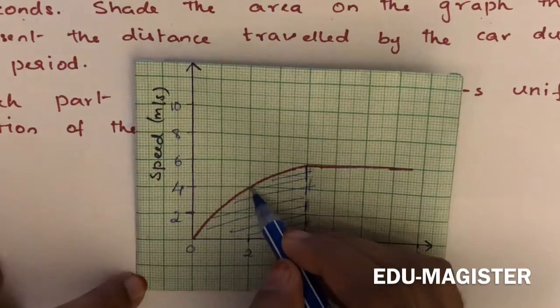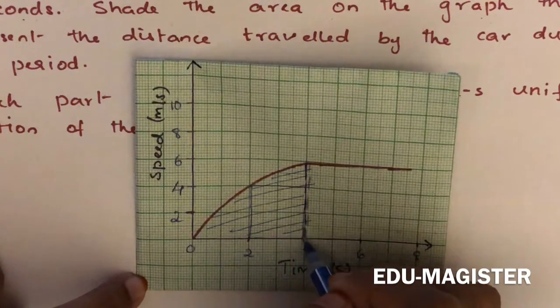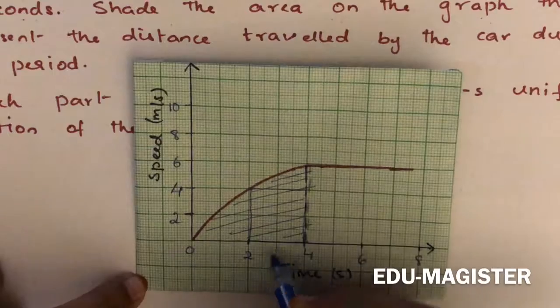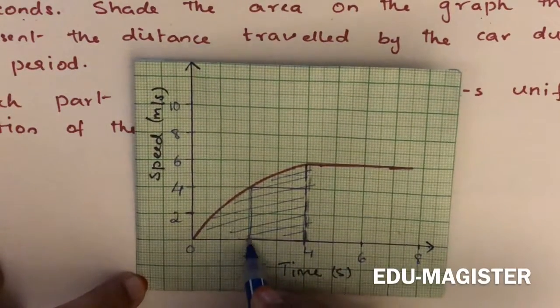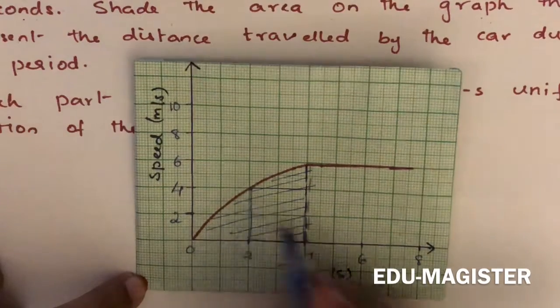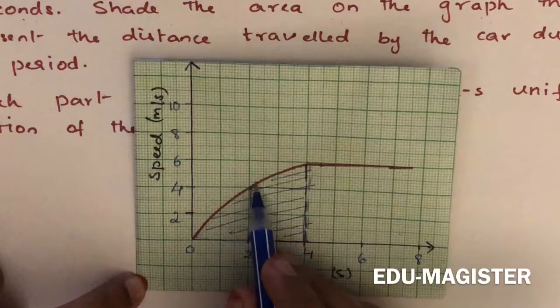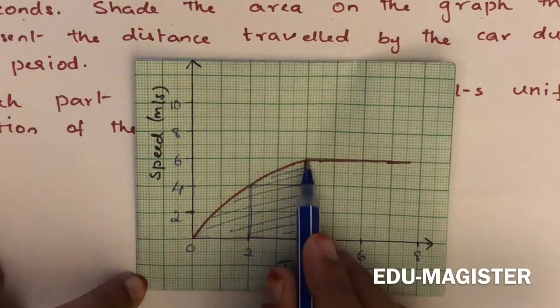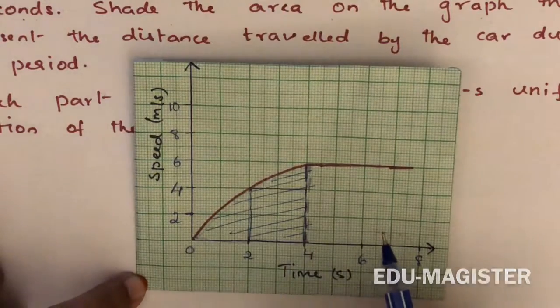So, here this is the rectangle that I am talking about. So, here this side is 2 seconds, right, and this is 4 meters per second, and this is the first triangle, this is the second triangle.